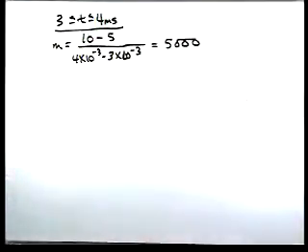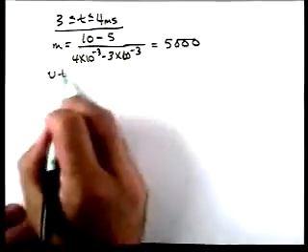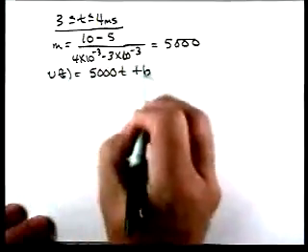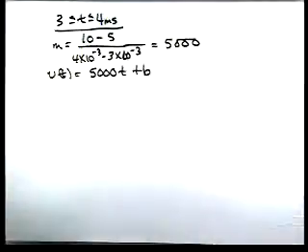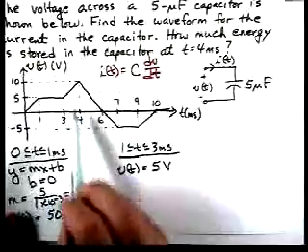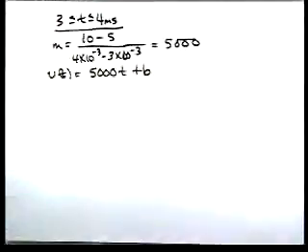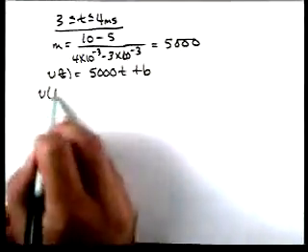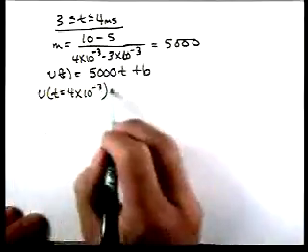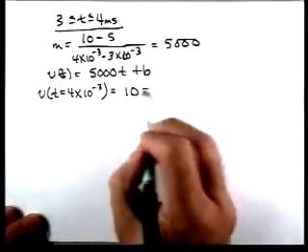Now we need to calculate the y-intercept, so V of t is 5,000 t plus B. At t equals 4 milliseconds, the voltage is 10.